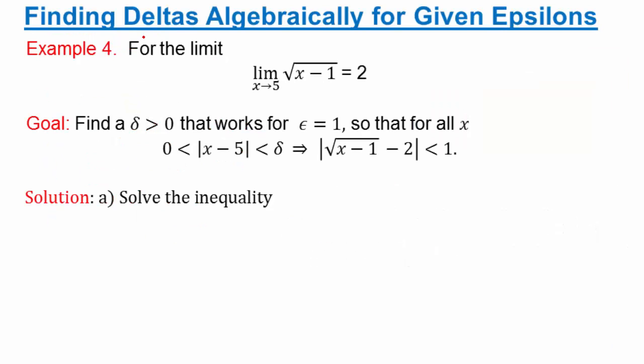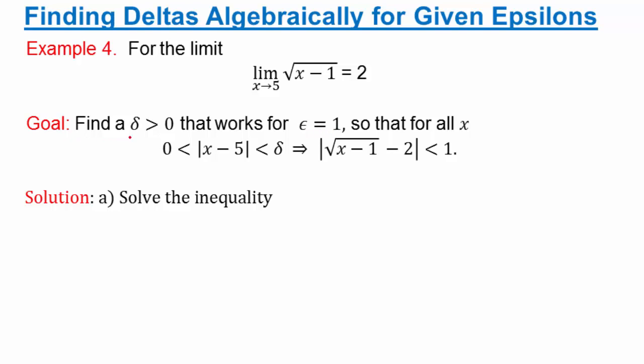Next, finding deltas algebraically for given epsilons. For the limit of the function square root of x minus 1 as x approaches 5 equal to 2, how do we show that this is true for a specific epsilon equal to 1?